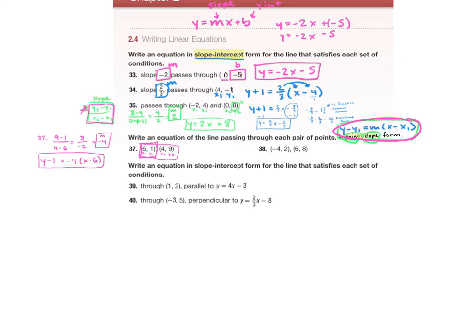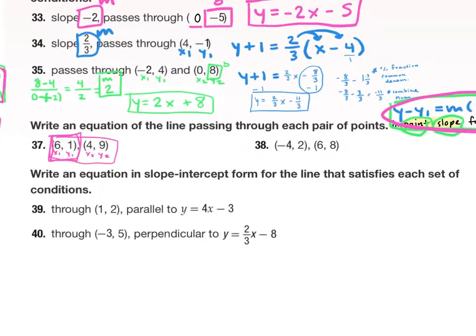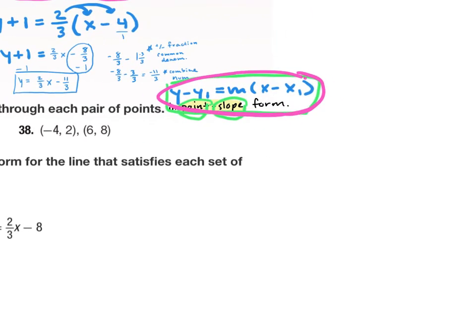All right, 38. So we're doing the same thing. What's our x1? What's our y1?